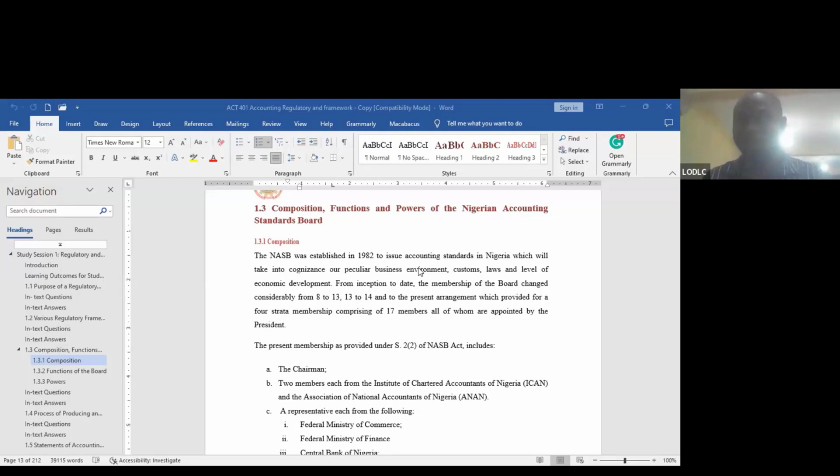But for the fact that the entire world is a global village, the need for harmonizing financial reporting standards arises as a result of what? Globalization of business activities. Why there's a harmonization of what?